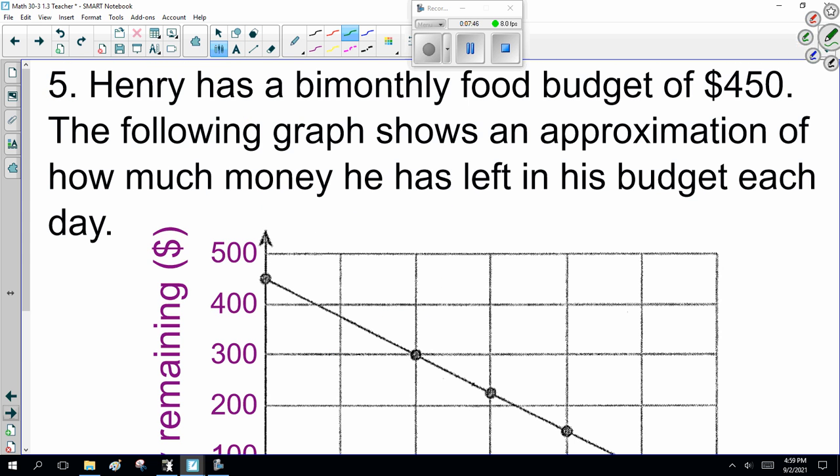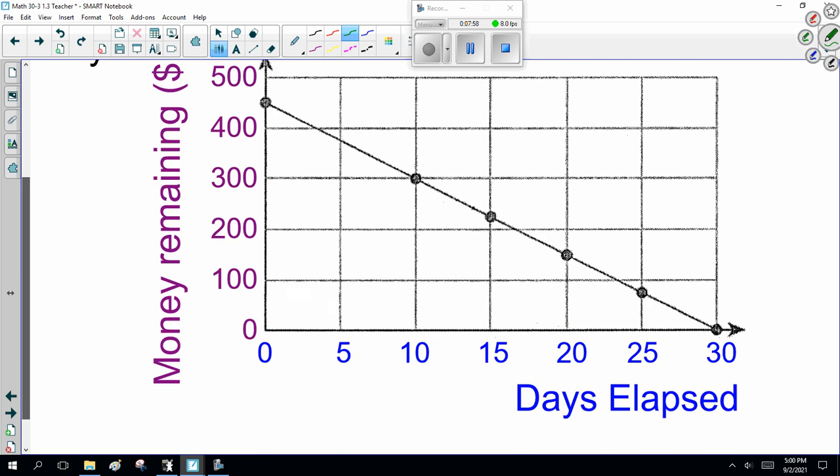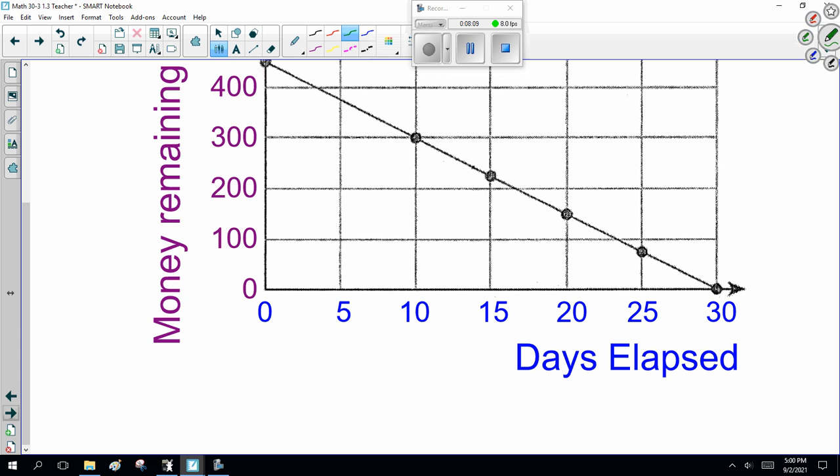Now, finally, let's do this one quickly. Henry has a bi-monthly food budget of $450. The following graph shows an approximation of how much money is left in his budget each day. Okay, not the best graph, but you see 500, 400, 300, 200, 100, and days. So $450 in 30 days. Okay, let's get to the question.